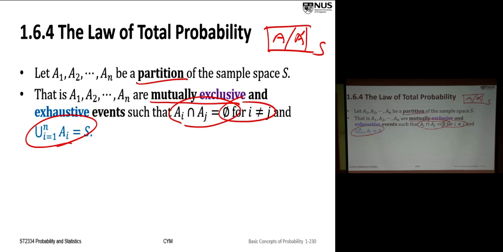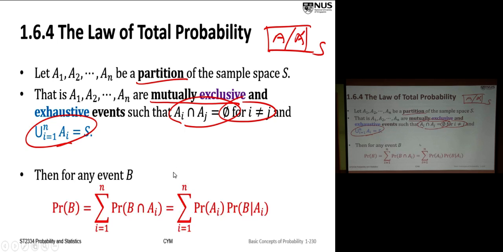Exhaustive, mutually exhaustive, means that you put all of this together and you will cover all the aspects. In other words, any outcome in the sample space must belong to one of those Ai. You cannot find any one outcome which does not belong to any of these Ai. Then we call these Ai exhaustive events.